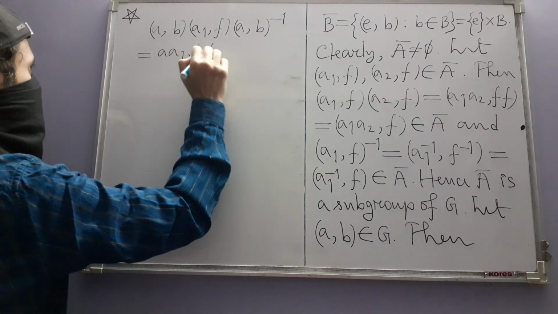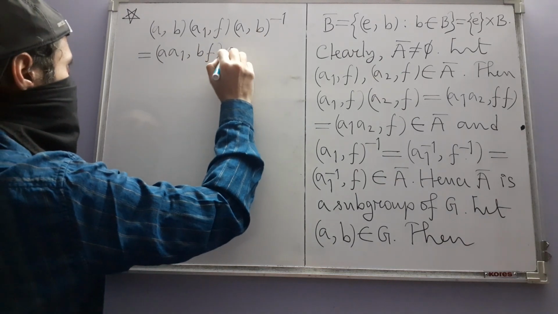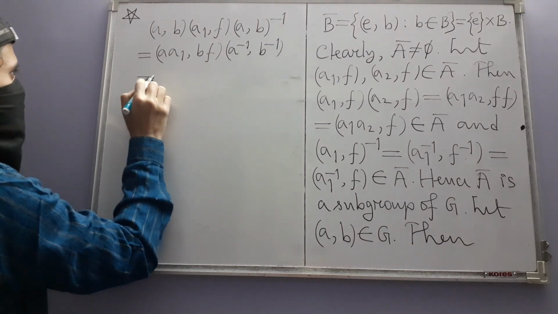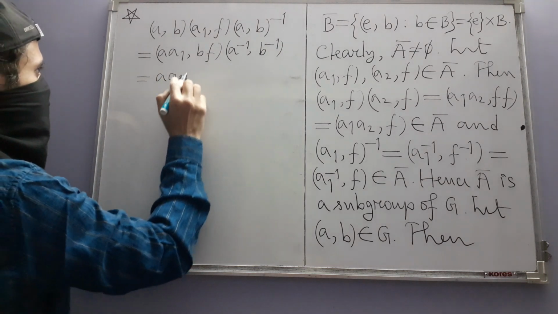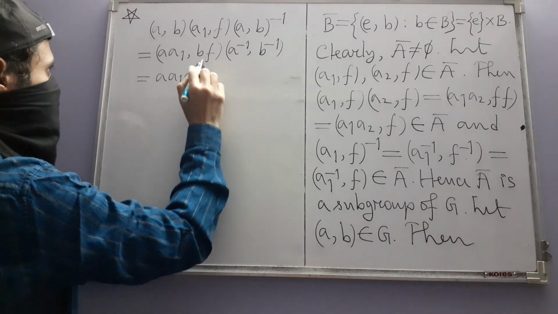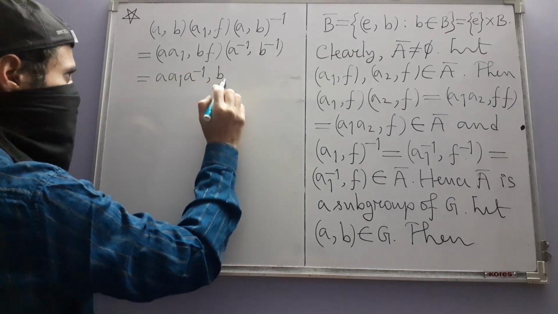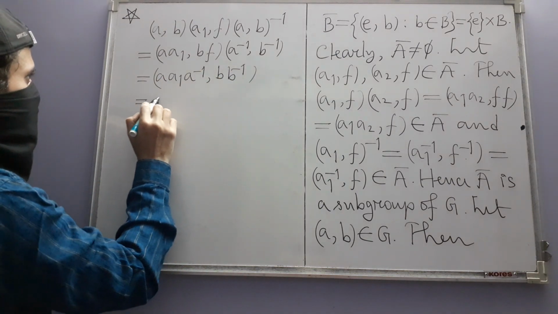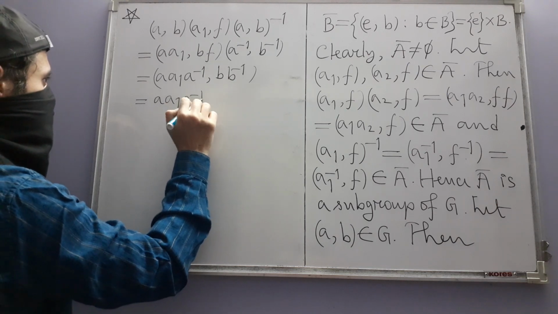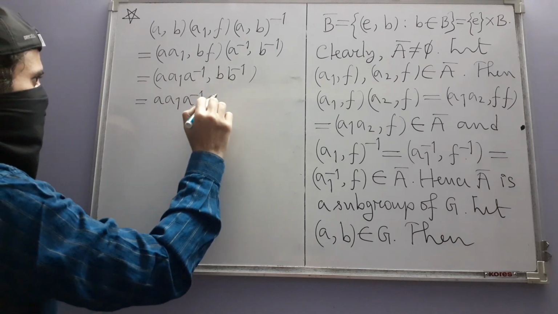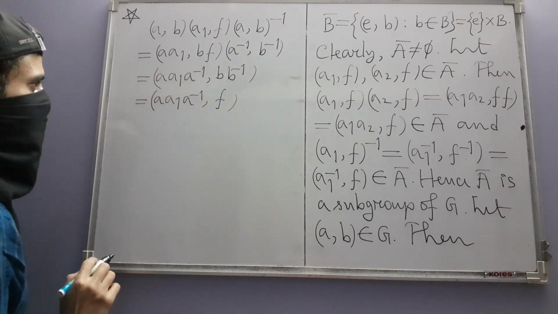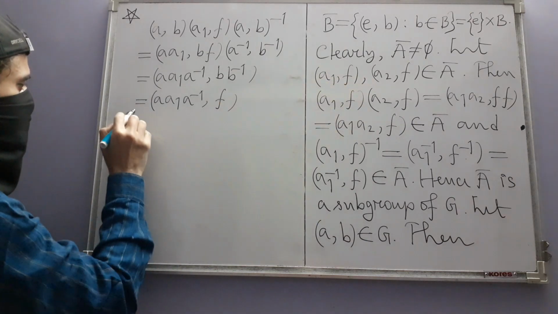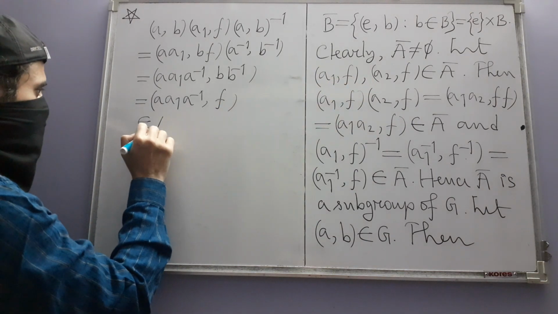(A1, F) times (A, B) times (A inverse, B inverse). So this becomes A1 A inverse, and BF is B, and this B inverse we have with B. A1 A inverse is some element in capital A, and this is F, the identity element in capital B. So again this ordered pair is of the form that we have in A bar.